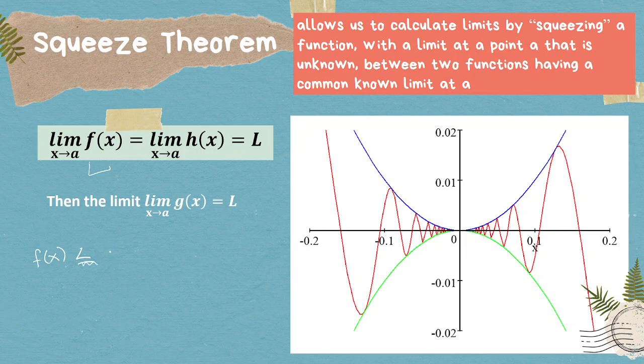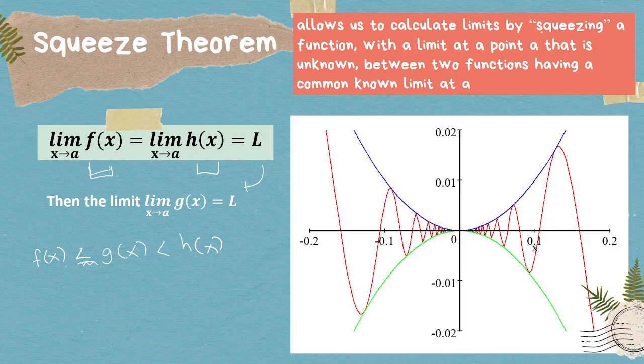Let's say the red one is g of x, and the upper function, the blue one, is h of x. So if the limit of f of x is equal to the limit of h of x, that limit is also the limit of the middle function.